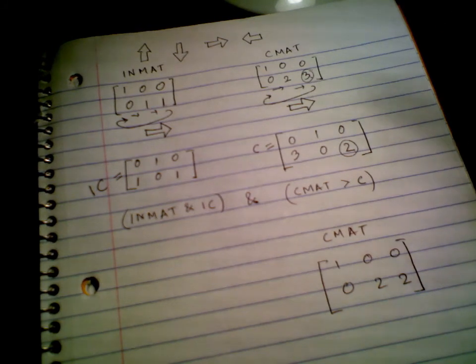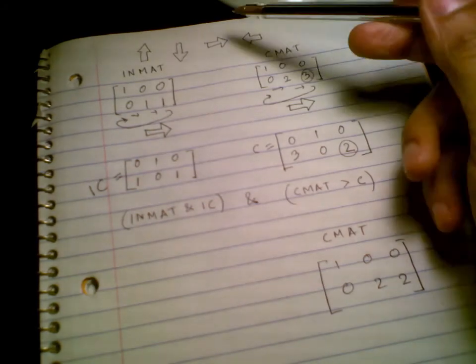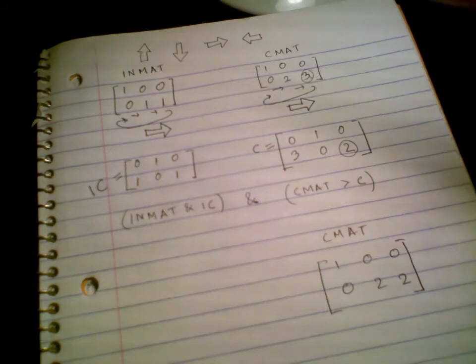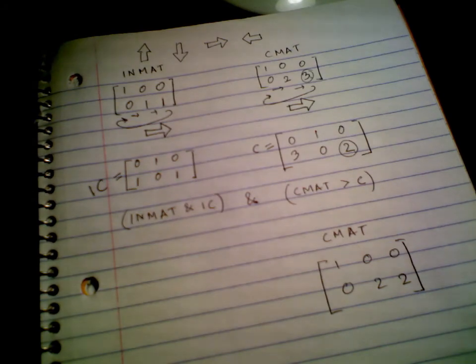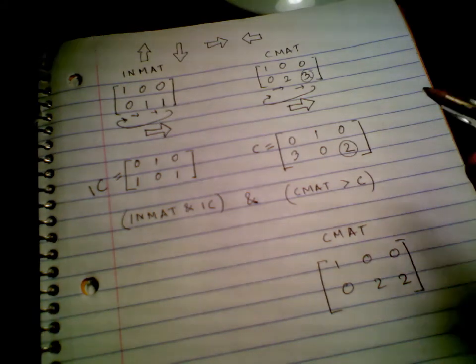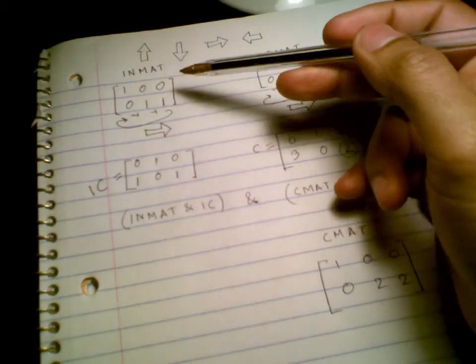So let's say now we go to the left, or we complete all the moves, and as a result, at the end of it, we will have a modified CMAT, and at the end we are of course not changing InMat.